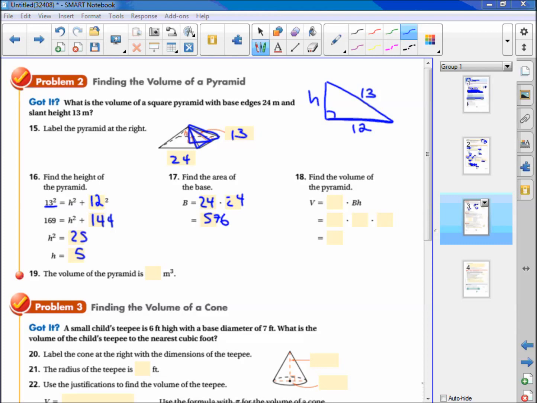So our formula here is going to be 1/3, because it's pointy on top, pyramid, times the area of the base times the height, which will be 1/3 times 576 times our height of 5. And when you multiply all that together, you're going to get 960. So the volume of this pyramid is 960 meters cubed.